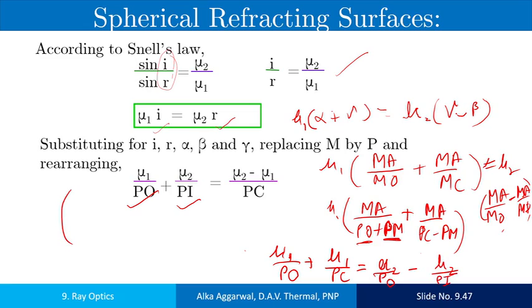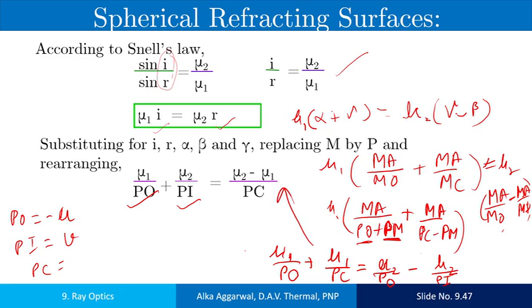The distances on the left hand side of the spherical surface are taken negative, and on the right hand side are taken positive. PO is the object distance, so PO is equal to minus U. PI is equal to V, and PC is on the right hand side, so it is R. Now when we rearrange, we get this equation.